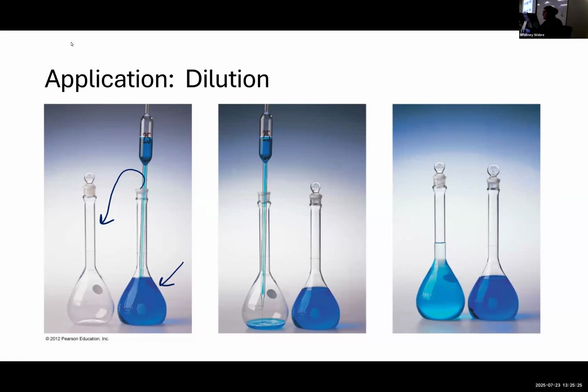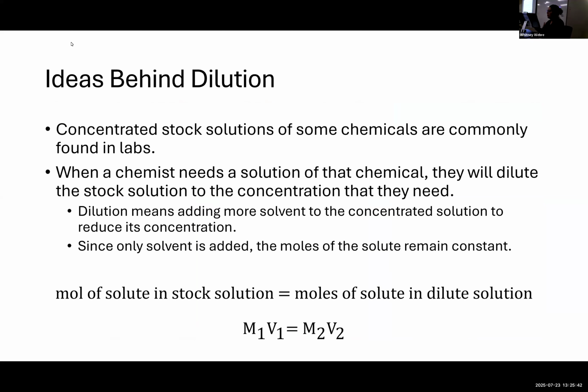So if you look at the difference in color here, I can tell the darker one's more concentrated and the lighter one is less concentrated. And I could also do a calculation because sometimes you might be asked, what is the new concentration? So that's going to be these types of problems where you're going to be dealing with the dilution equation. Okay, so concentrated stock solutions, like an example of HCl and other chemicals, are commonly found in labs.